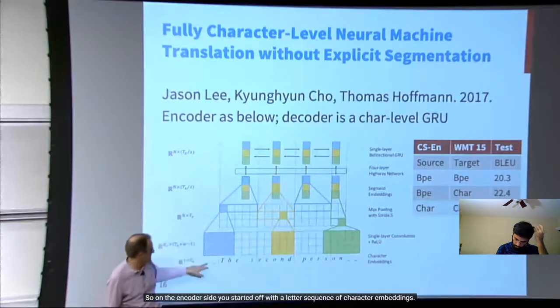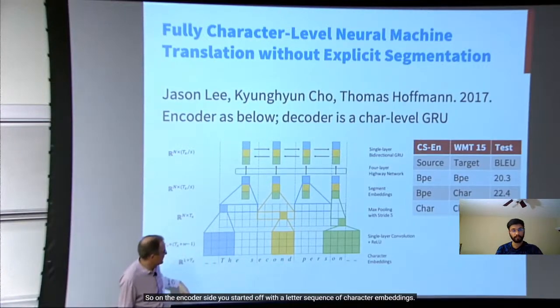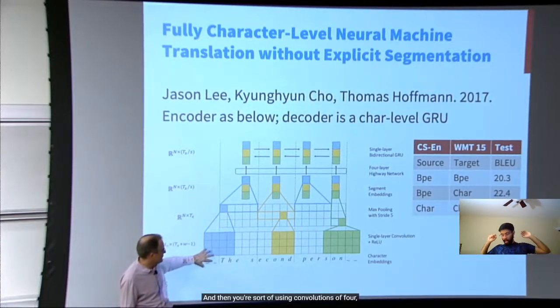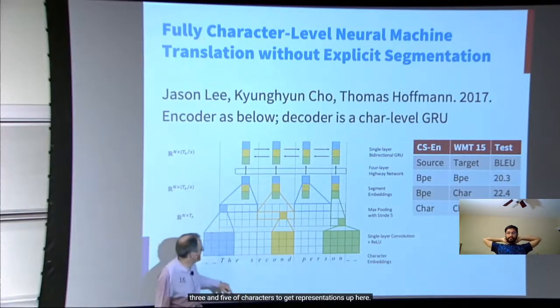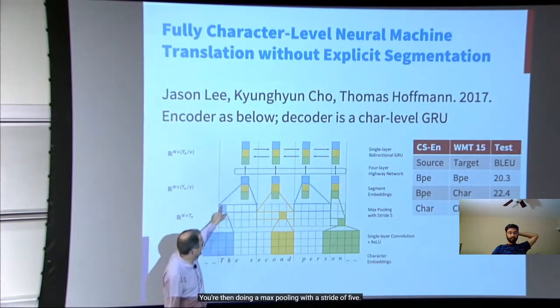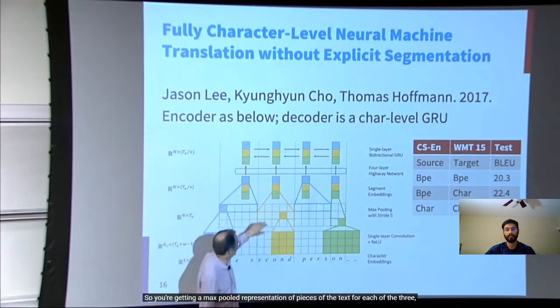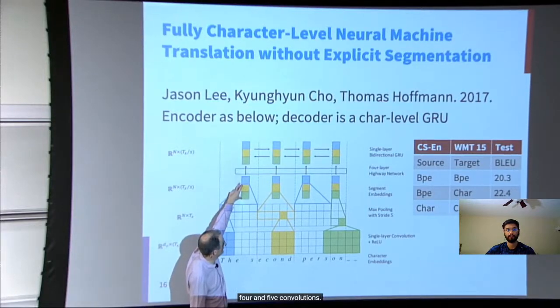So on the encoder side, you started off with a letter sequence of character embeddings, and then you're sort of using convolutions of 4, 3, and 5 characters to get representations up here. You're then doing a max pooling with a stride of 5, so you're getting a max pooled representation of pieces of the text for each of the 3, 4, and 5 convolutions.